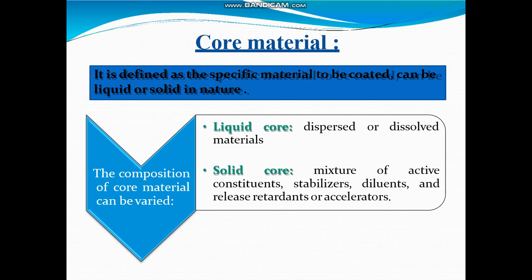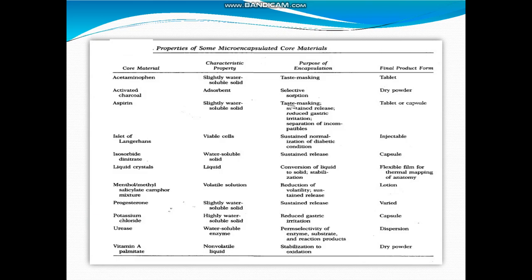A liquid core may be dispersed or dissolved material, while a solid core is a mixture of active constituents, stabilizer, diluents, and release retardants or accelerators. So the composition of the core material can be varied. You can see here in the table.